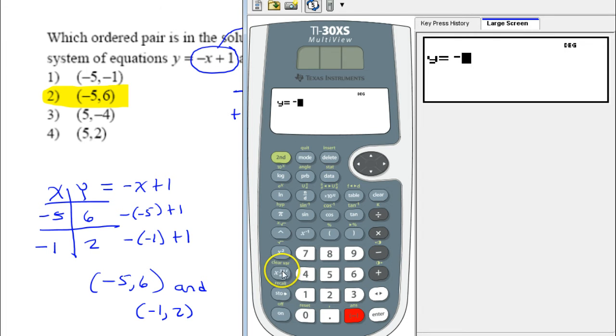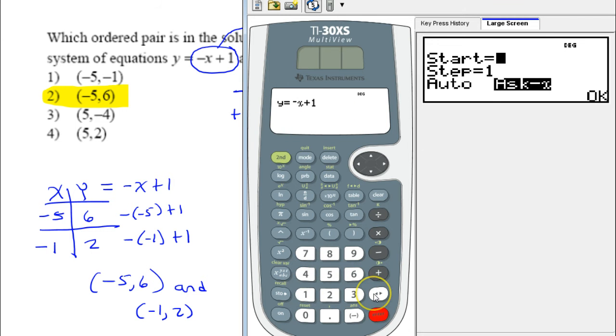Imagine this was something more complicated, to where doing it by hand would be tricky. I would put the calculator in Ask X mode instead of auto, by highlighting that and hitting enter.